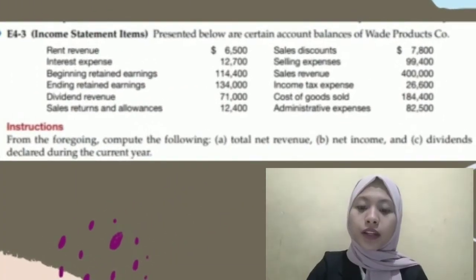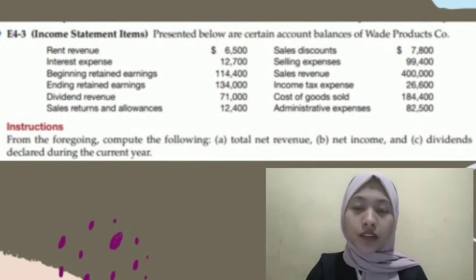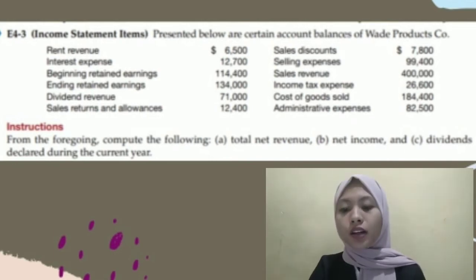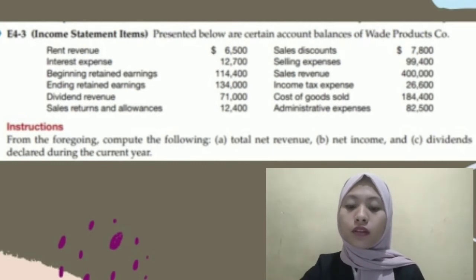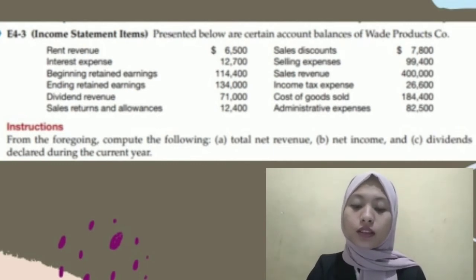Now I will explain and present exercise 4.3. Present below are current account balances of Wheat Products. Rent revenue of $6,500.